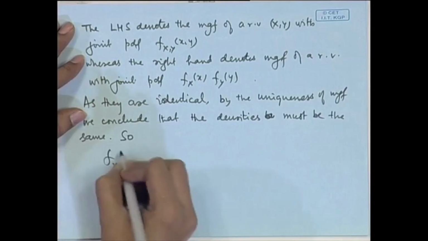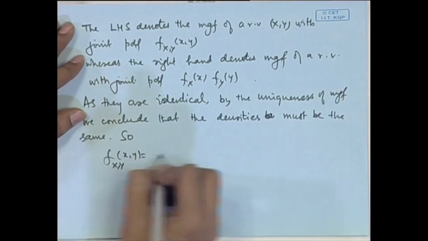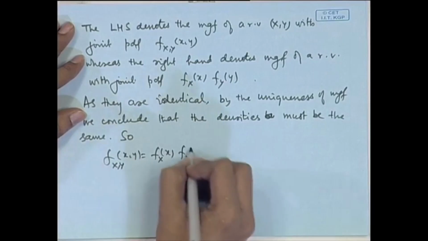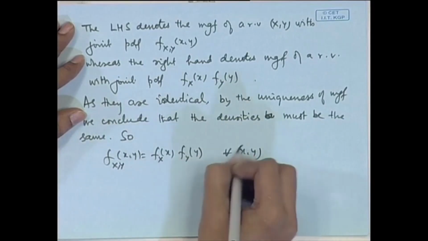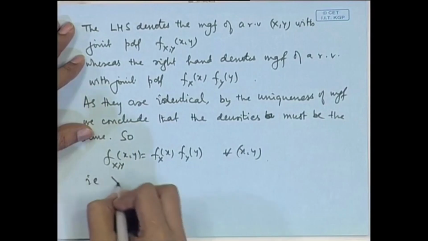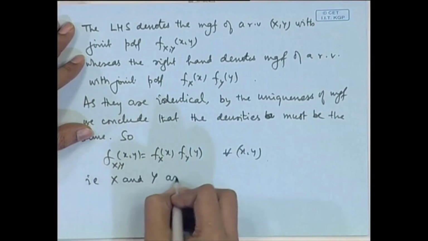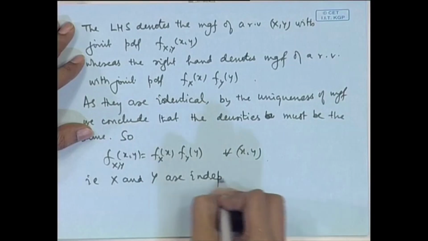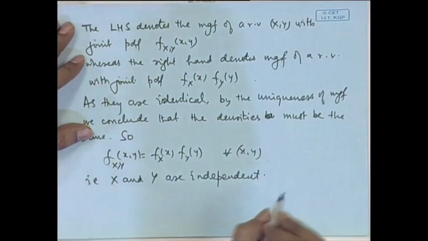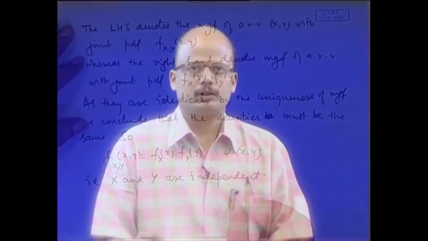So, we should have f x y is equal to f x into f y for all x y, that is x and y are independent. So, this is quite a strong property, and that is true because of the uniqueness property of the moment generating functions. So, independence of random variables can also be proved through the consideration of the joint MGF.